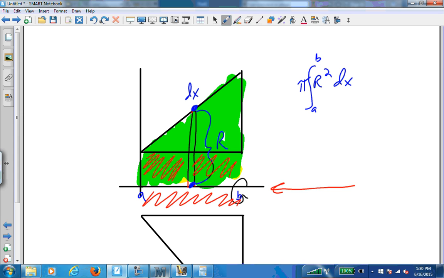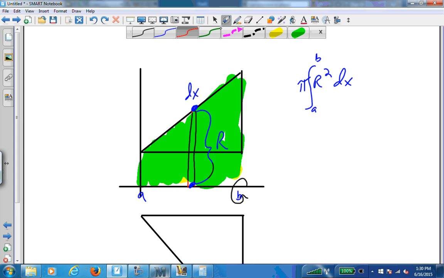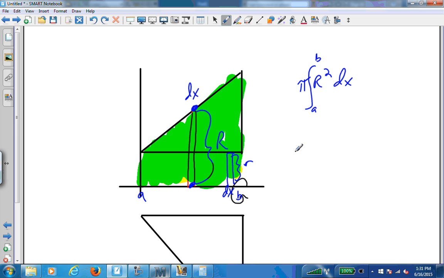So if we imagine that volume goes from the axis of rotation to here, I'm going to refer to that radius as little r. So that volume, rotate that sample element, which is a dx element, that's a disk.